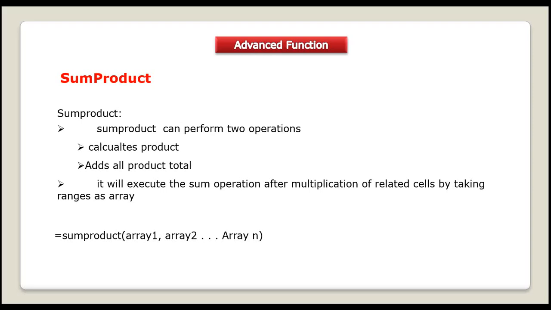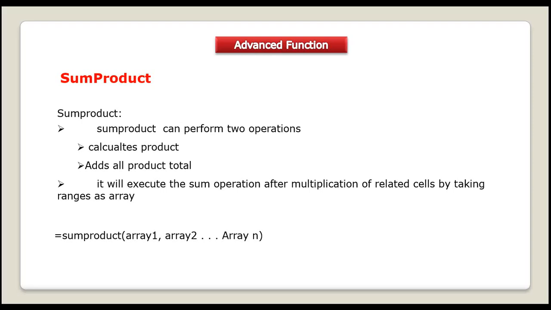So the main use of SUMPRODUCT is that it can find the product of two numbers in the particular range, and at last it also finds the sum of all produced values and gets the total amount.